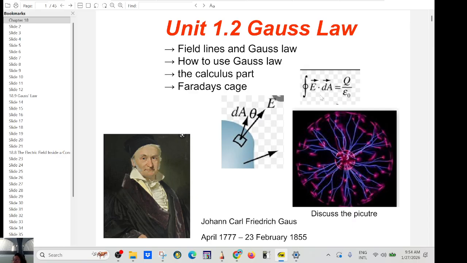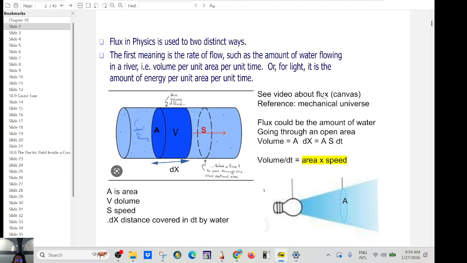So this equation, you can apply it to, for example, a fluid that moves with a velocity v. Instead of the electric field, you're going to use the velocity of the fluid, but you will use exactly the same equation. So for example, flux for water.